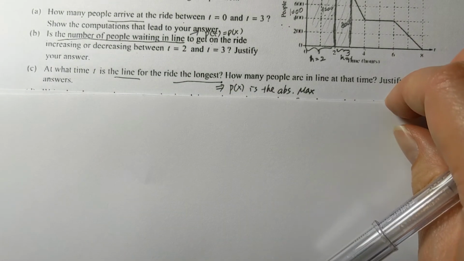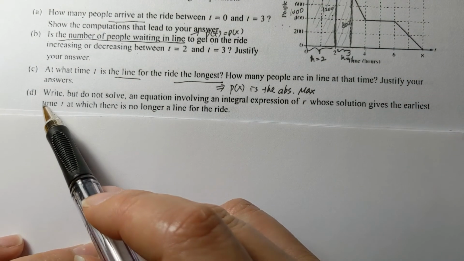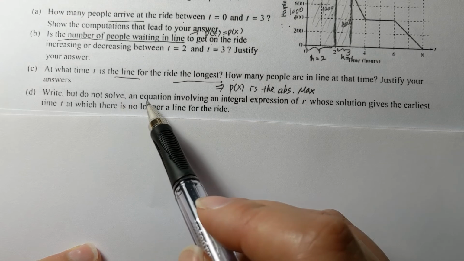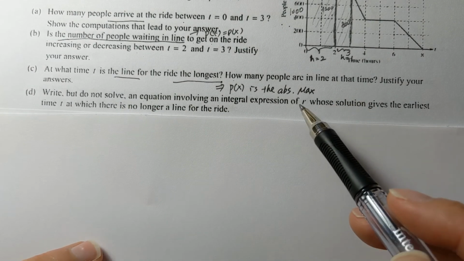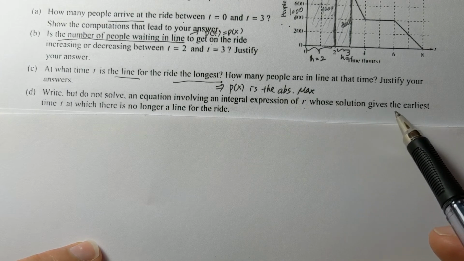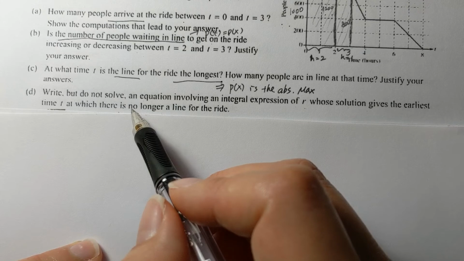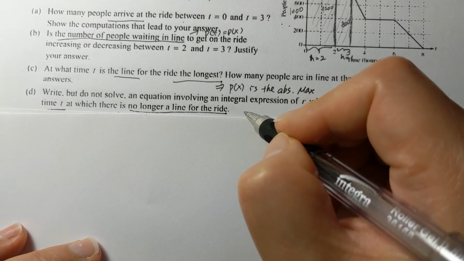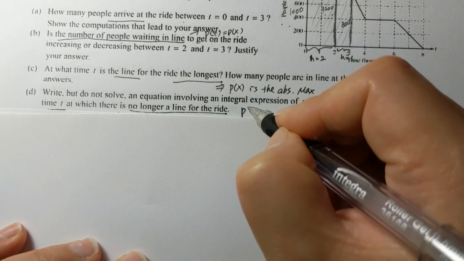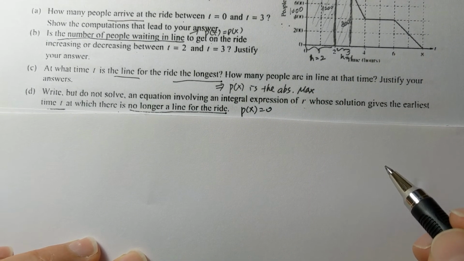Now let's take a look at part D. Write but do not solve an equation involving an integral expression of R whose solution gives the earliest time t at which there is no longer a line. So that means 0. There's no more line.